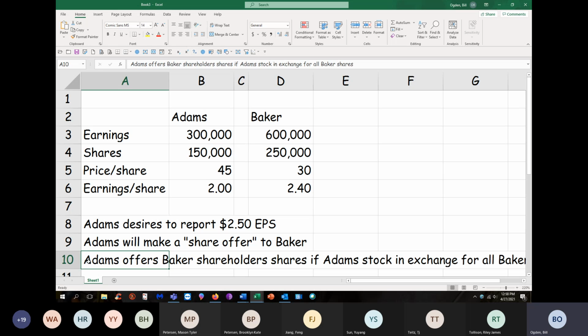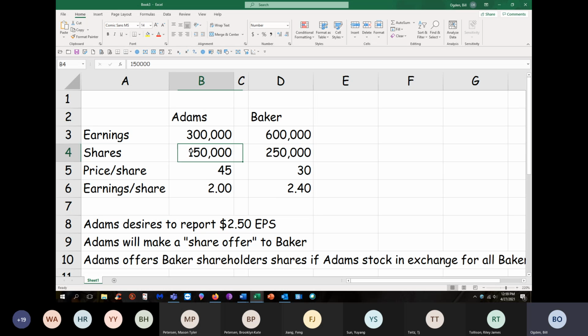If you get to see that. All right. So what happens to these 250,000 shares once this merger occurs? Well, these Baker shareholders will receive shares of Adams.